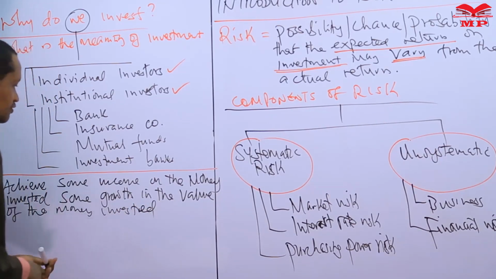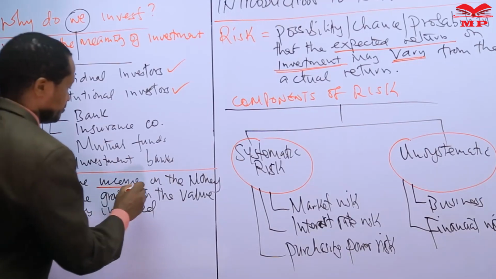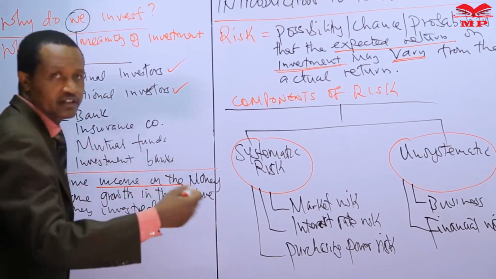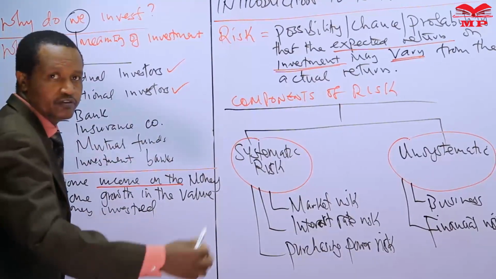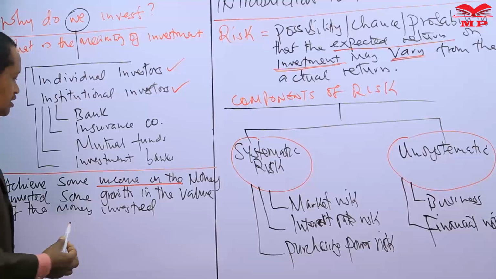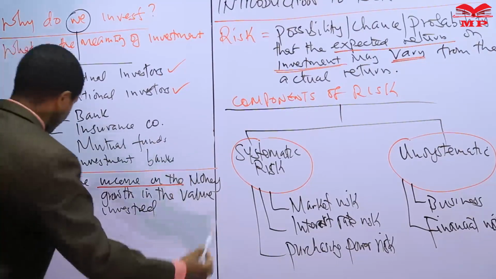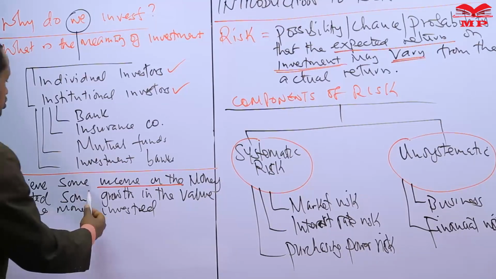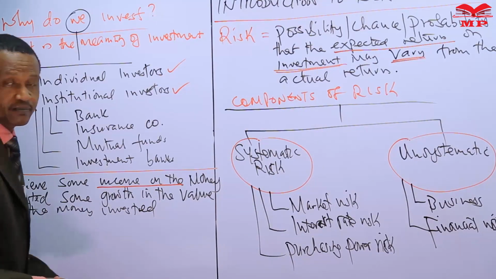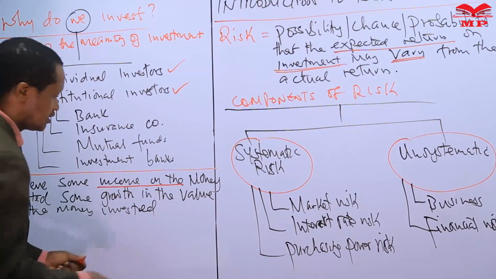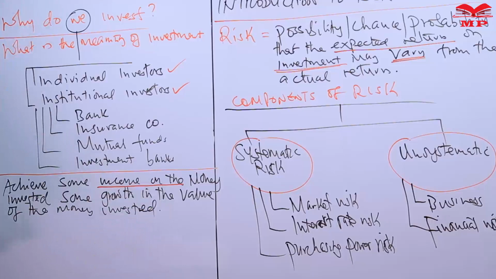To achieve some income is to generate revenue streams, frequent streams of money, or to achieve growth in the value of the money invested. And I'll be expounding on that.